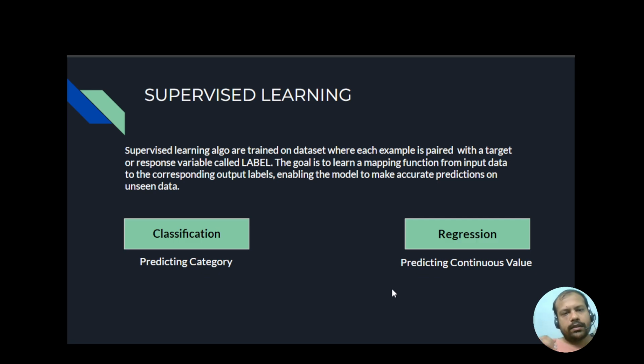So, supervised learning. In supervised learning, your data has the output value with you. What does that mean? Suppose you have data for the rainfall, right? Rainfall is the amount of rainfall that happened on that day, correct? So the value that you need to predict, the output, is the rainfall that happened.